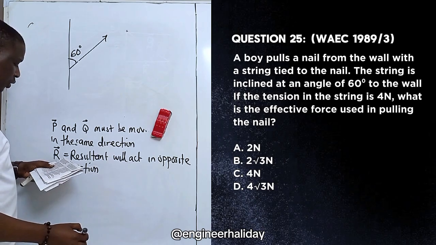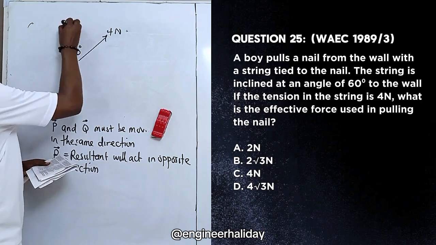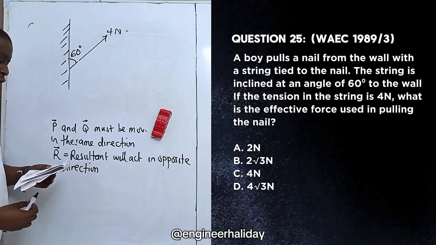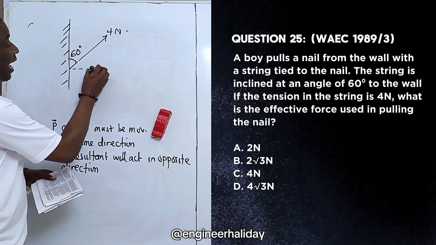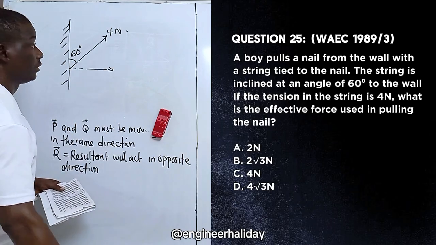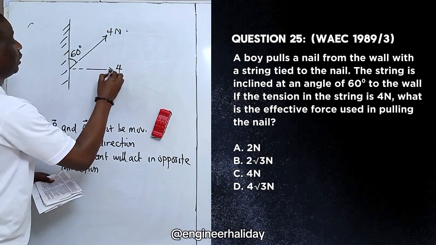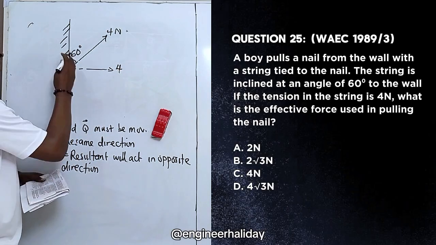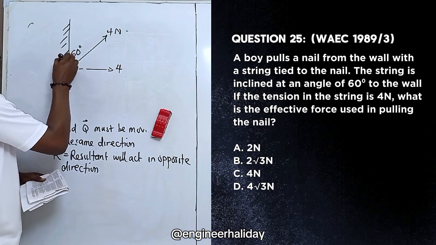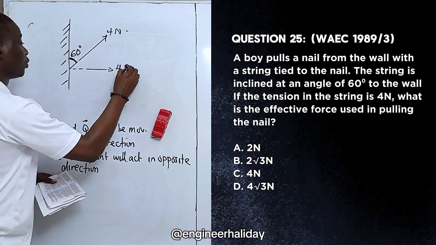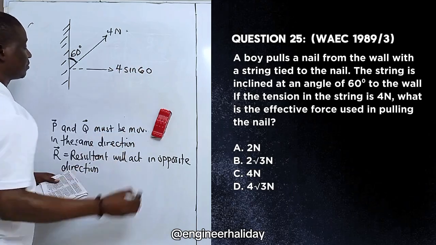So this is the wall now. What will be the effective force used to pull it? To pull it, I will advise you pull it in this direction, in order to drag it down. So that means the horizontal component here. Because the angle is inclined to the vertical, here becomes cos, while here becomes sine.